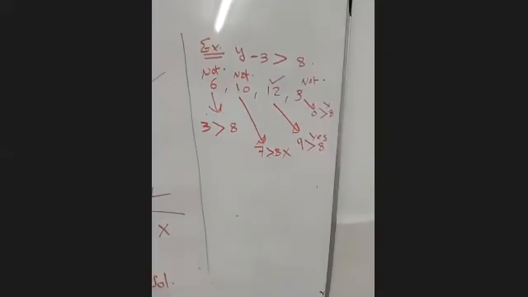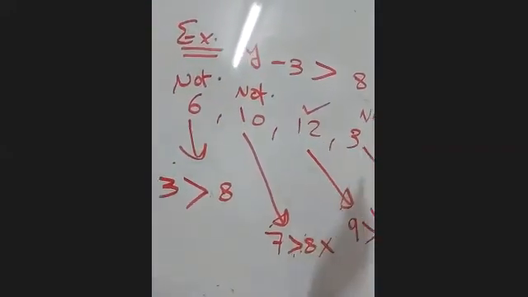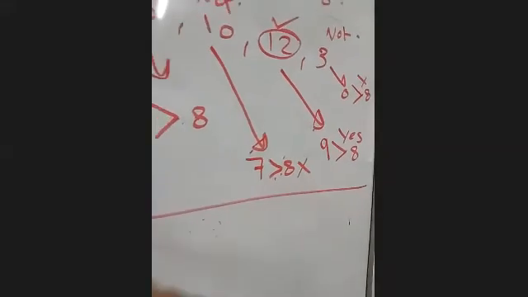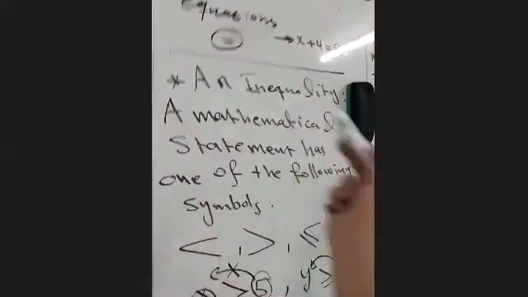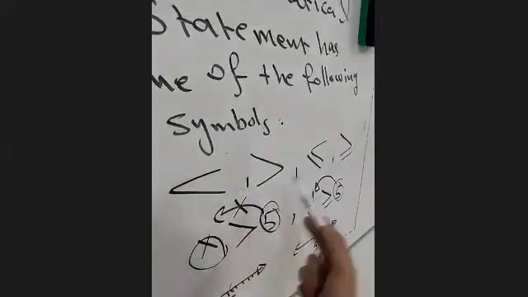So how do we know if it's a solution or not? Replace the variable by its value, then check. Among these 4 numbers, 12 is the only solution. Okay. Now, again, guys, what's an inequality? It's a mathematical statement that has one of the following symbols.